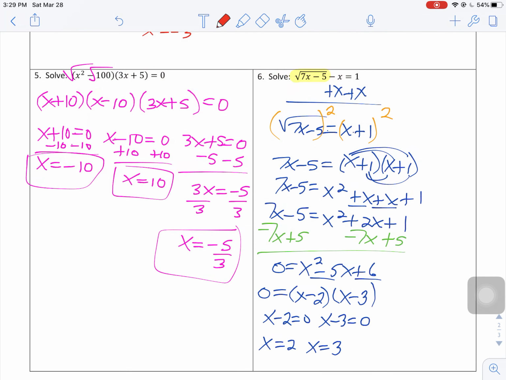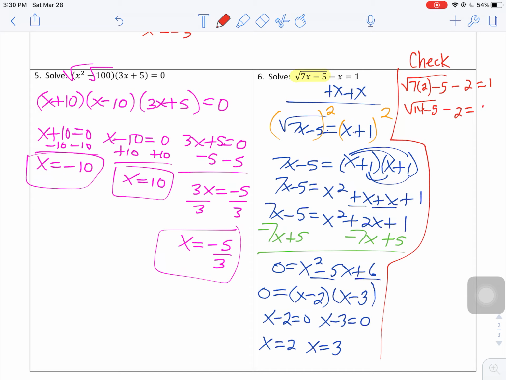Now, since this is a radical equation, we do have to check our answers to make sure that we don't have an extraneous solution. So I'll do 2 first. So I'm going to check that x value of 2 first. So 7 times 2 minus 5 minus 2 equals 1. So 14 minus 5 minus 2 equals 1.